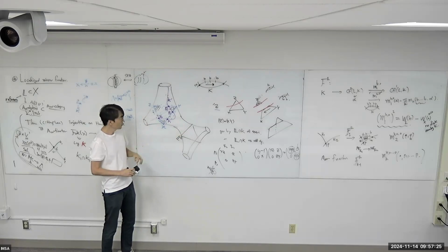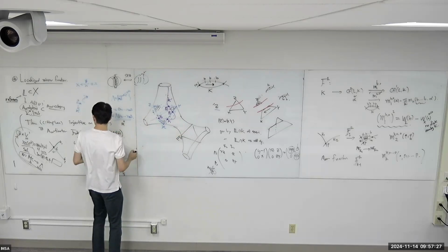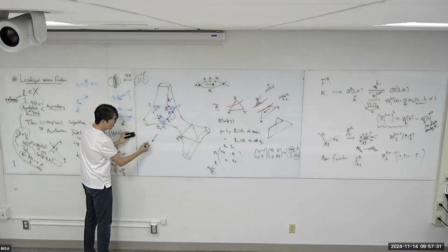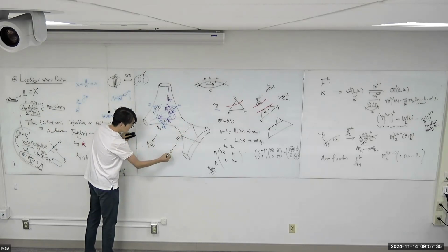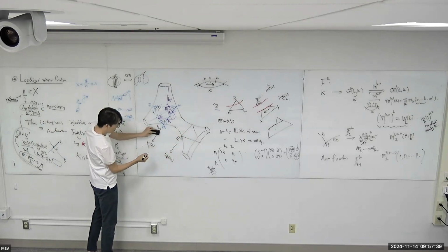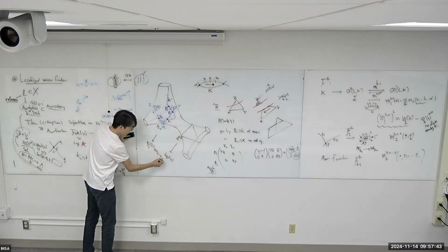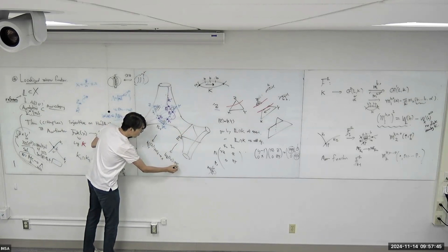What does glue mean? Each of the Lagrangians, so this is L1, gives WB of L1. This one gives WB of L2. And this was defined on Markov space 1. This was defined on Markov space 2.